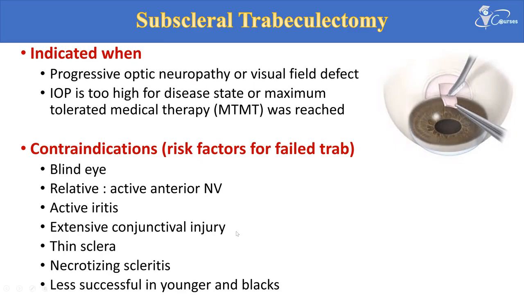Extensive conjunctival injury, because conjunctiva here is very precious. You don't want to open and find that you are short of conjunctiva. Conjunctiva for glaucoma is like the capsule for cataract. You need to have enough conjunctiva to be able to make the bleb or to make the trabeculectomy.